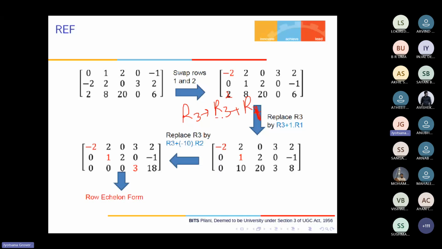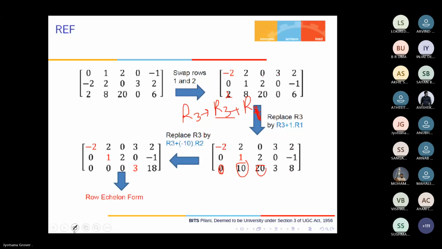So this is an elementary row operation. Now if you add these two, what will you get here? You'll get 0. Then 8 plus 2 is 10. 20 plus 0 is 20. 0 plus 3 is 3. 8 plus 2 is 10.